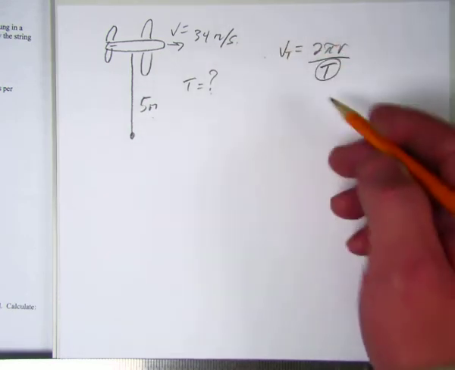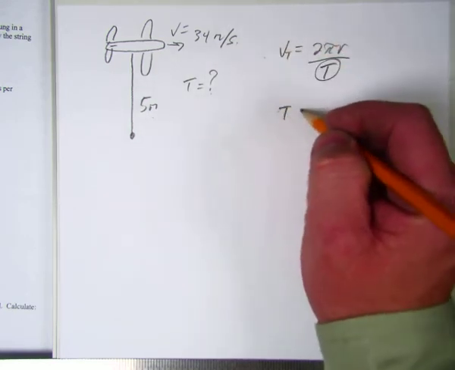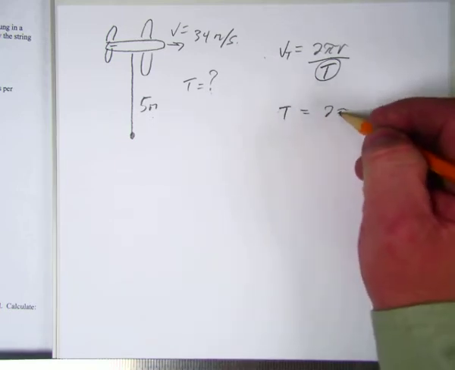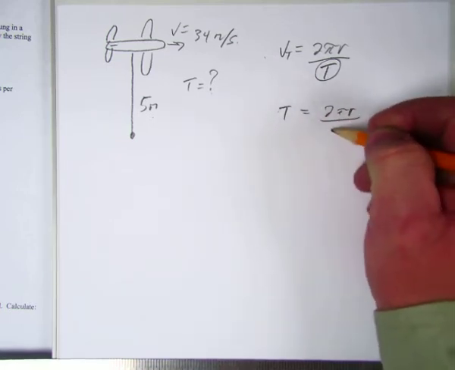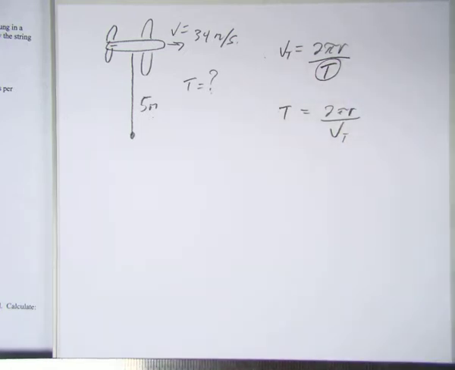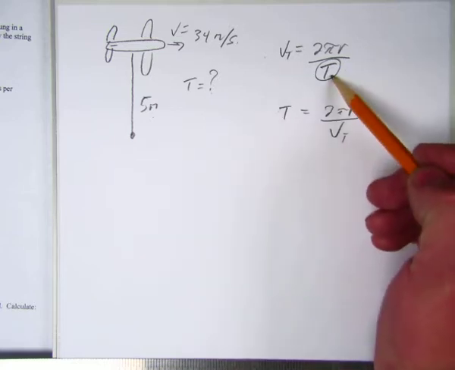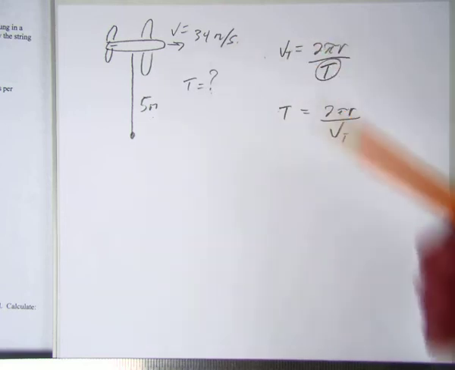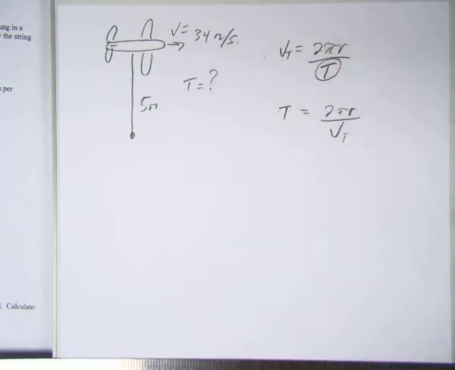So T is equal to 2 pi r over the tangential velocity. The T and the v just switch places. Anytime you move something from one side of the equation to the other, you flip up to the top or down to the bottom, whatever the case may be.